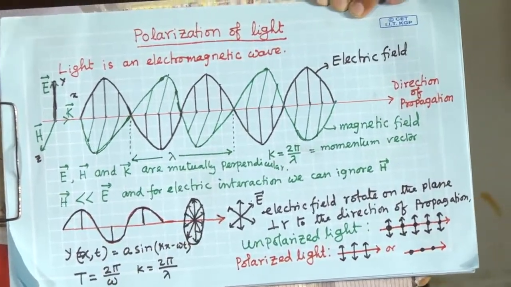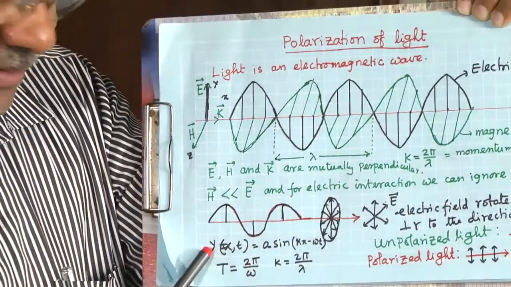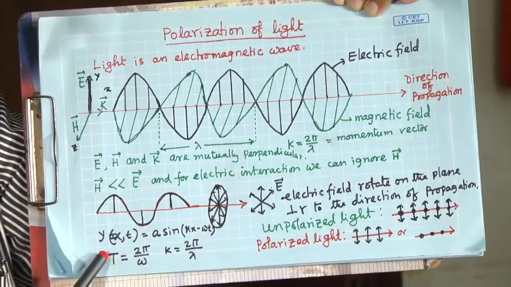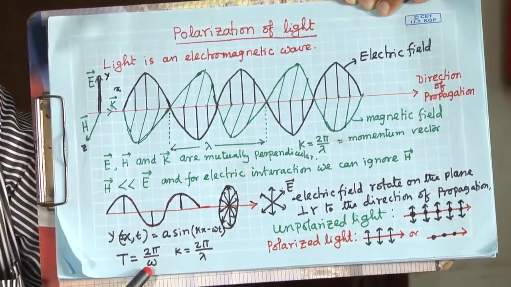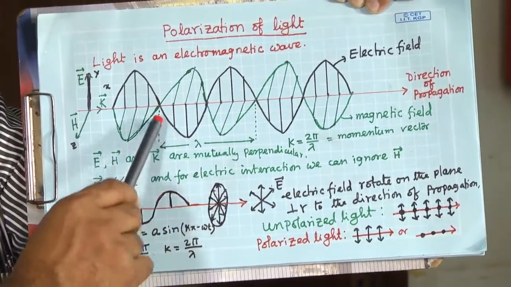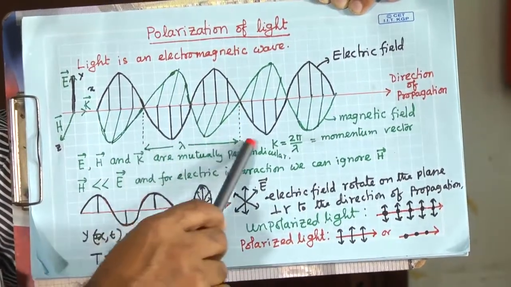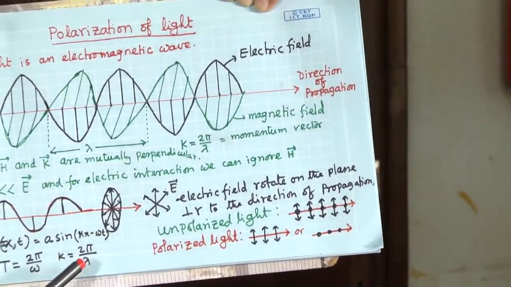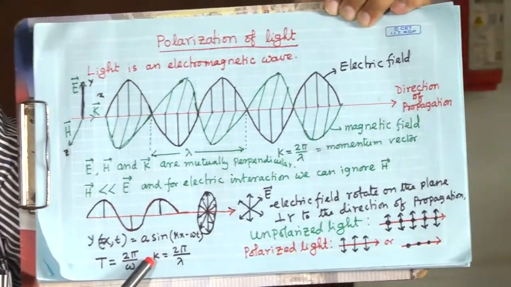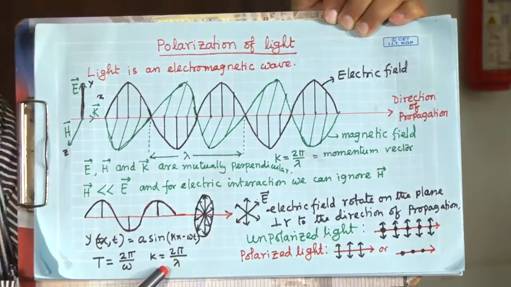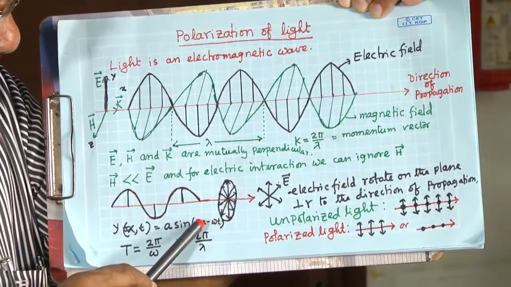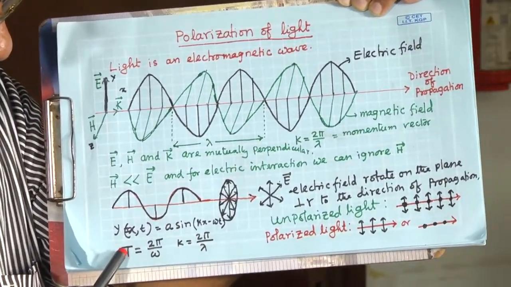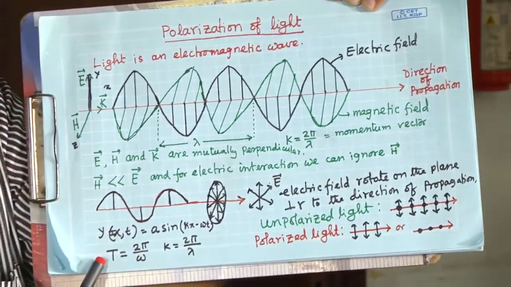This is the general equation of waves, okay, where omega is related to the time period T = 2π/ω, and this is the wavelength lambda. k is the wave vector, or we say momentum vector. So, k = 2π/λ. Here k and omega are related to the momentum vector and the time period.